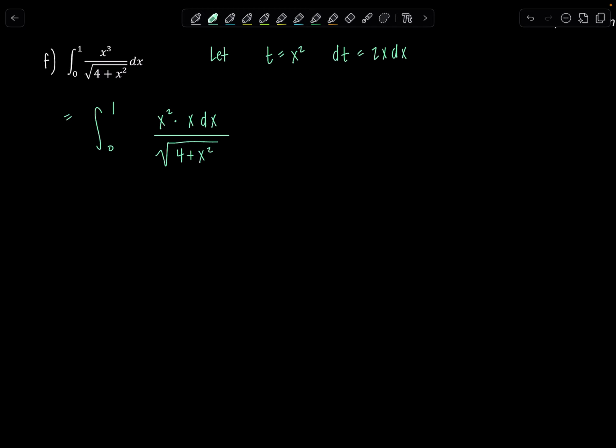Now can you kind of see it? Okay. So then 1/2 dt would be x dx, which I do have right here. Oh, okay. Then this x squared is t. So it looks like we can make that substitution.